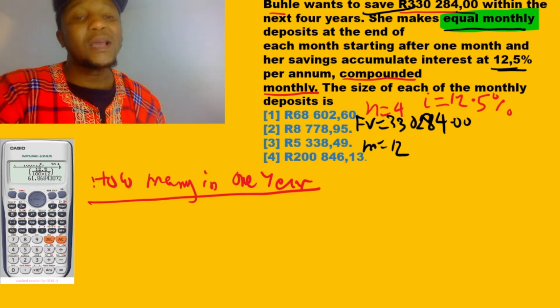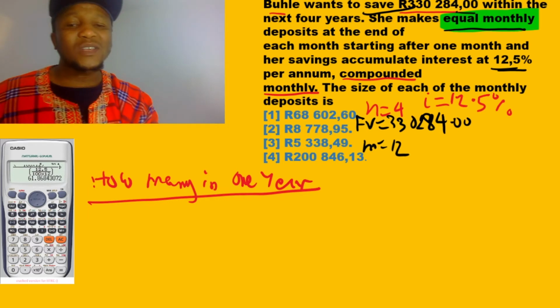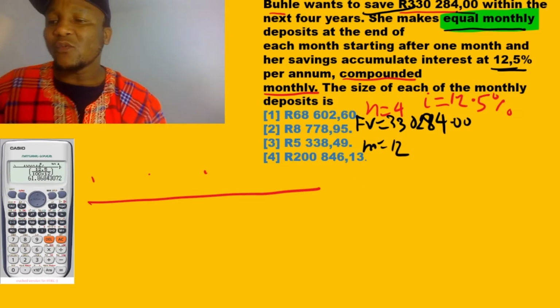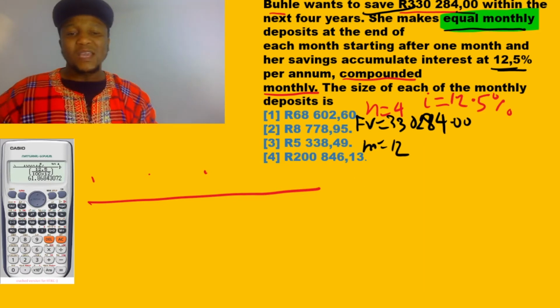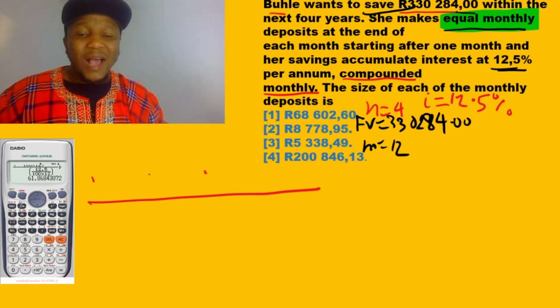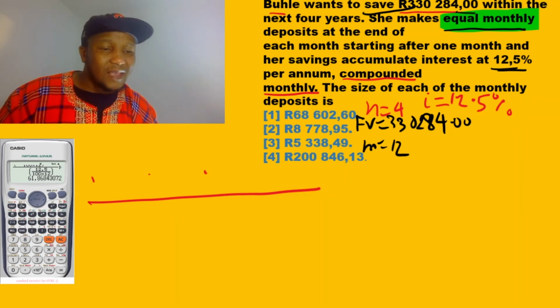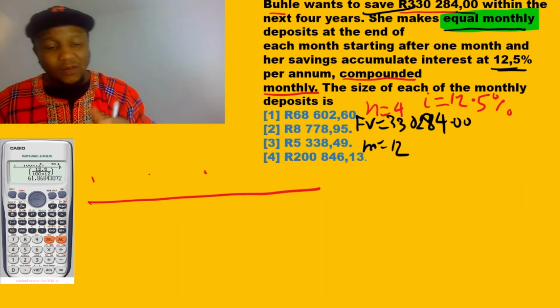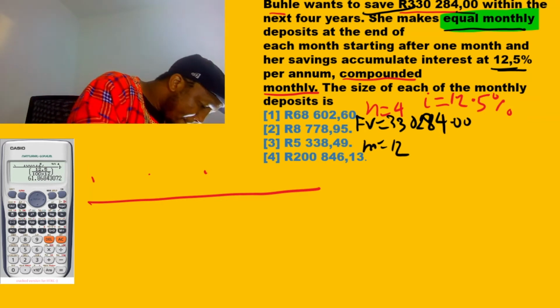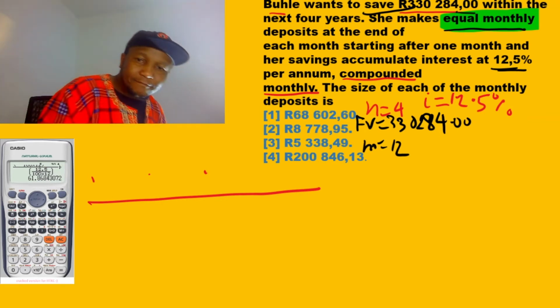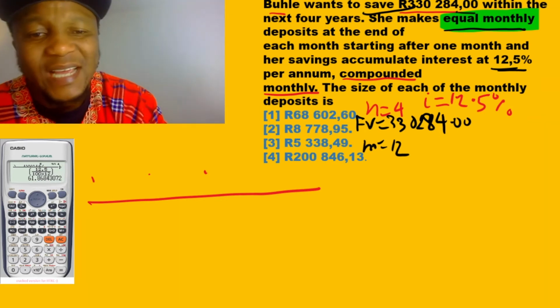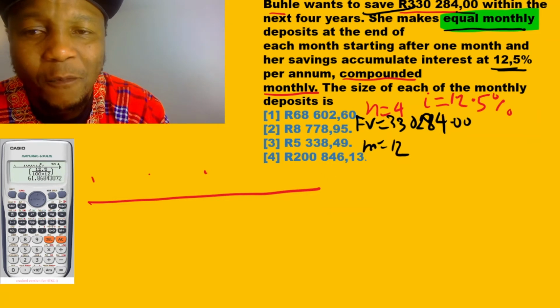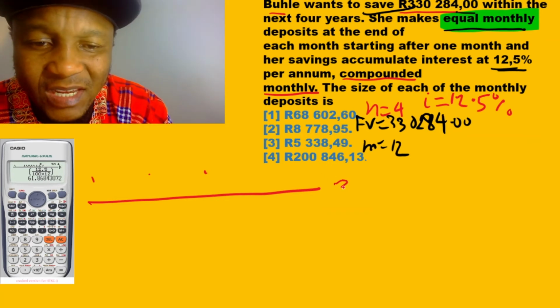But at some time, they say it was compounded daily. What does that mean? You ask yourself the same question: how many days in 1 year? Days in 1 year is 365.